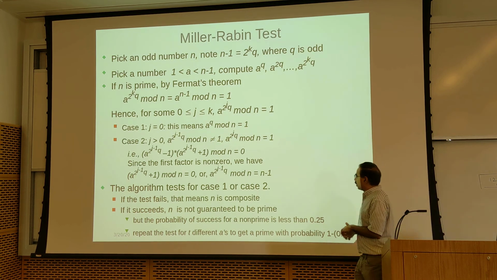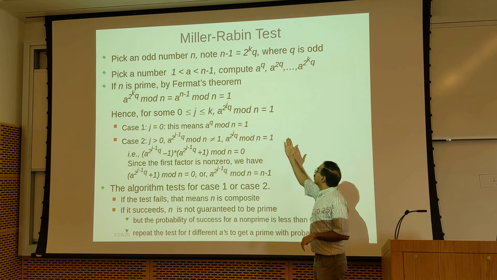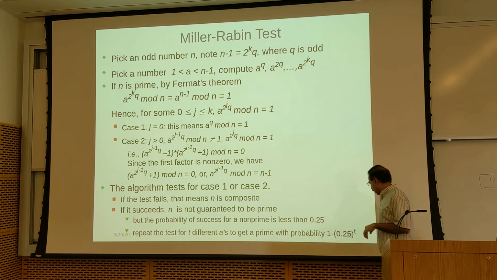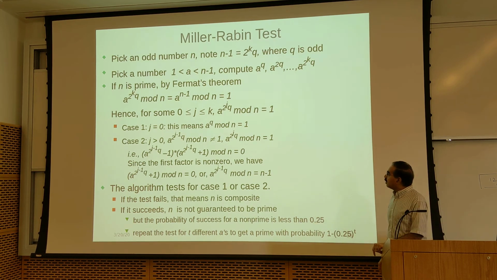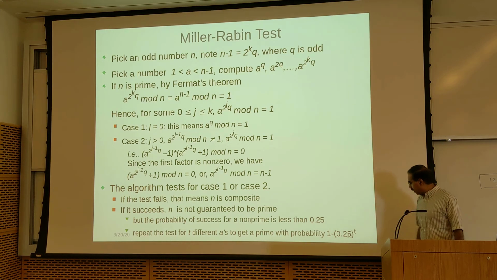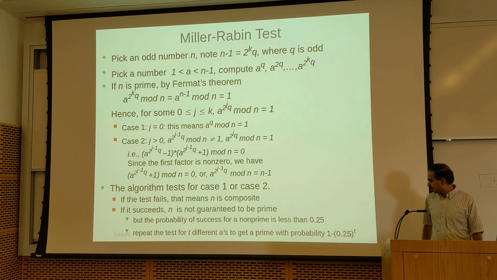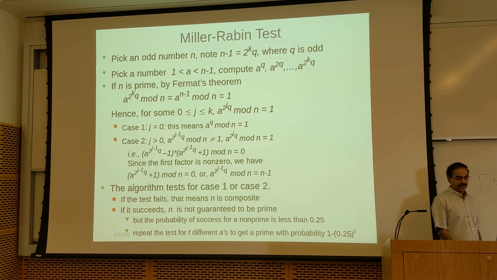And the Miller-Rabin test is one such technique, where you run a certain test many times, and if you run the test t times, then the probability that it is a prime number is 1 minus 0.25 raised to the power t.